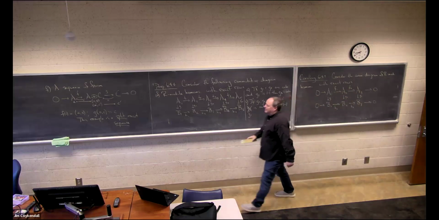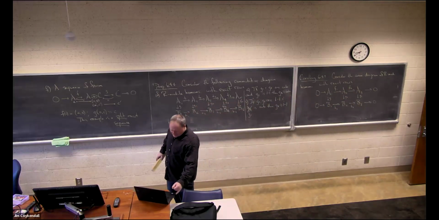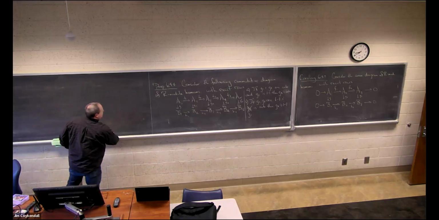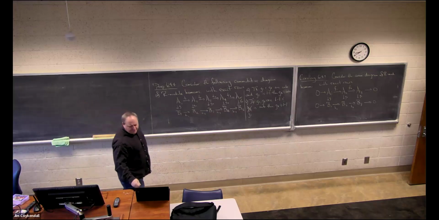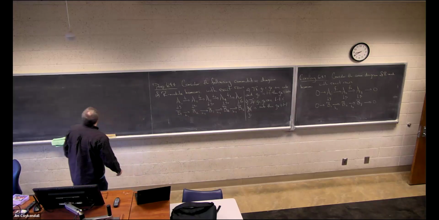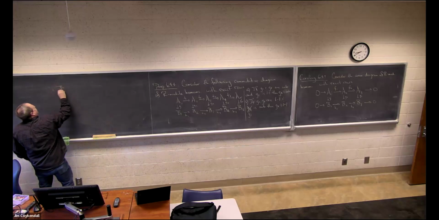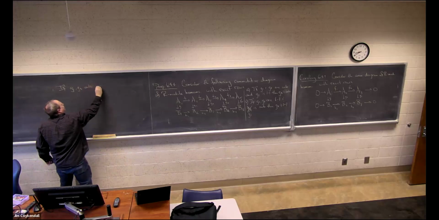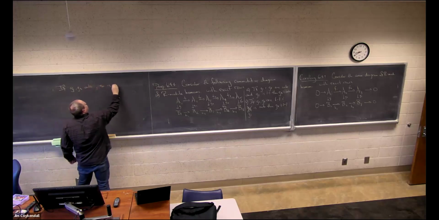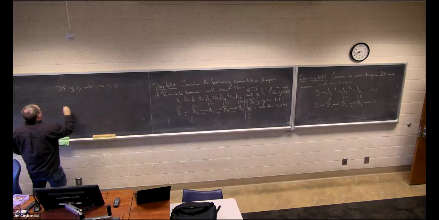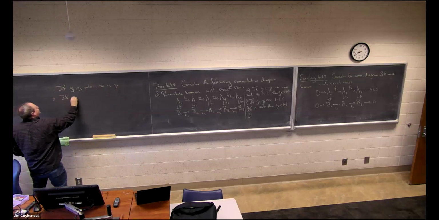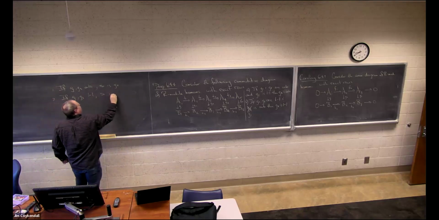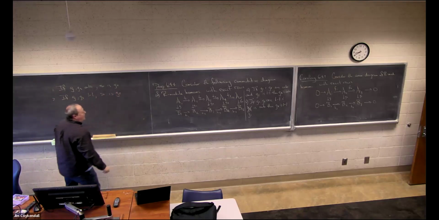Okay. So here's the conclusion of the theorem. If G1 and G3 are onto, so is G2. If G1 and G3 are 1 to 1, so is G2.